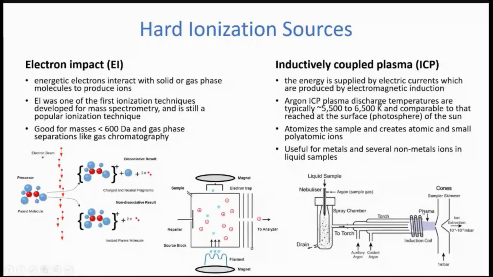And then as the sample is sort of gaseous, getting heated up by the auxiliary argon and passing through the induction coil, a huge amount of energy goes through the sample in the induction coil, and it creates a plasma gas.